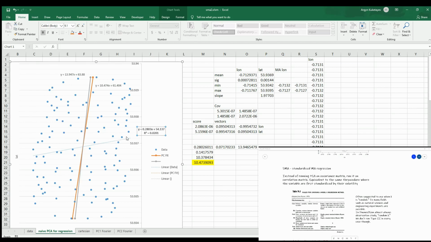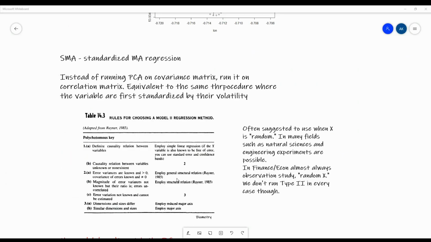So Excel's OLS function was producing something not so reasonable, while PCA is producing a very good fit, right? So it seems we solved the problem. Why don't we talk about the details? PCA for regression, or total least squares, or orthogonal regression, seems to work in this case.